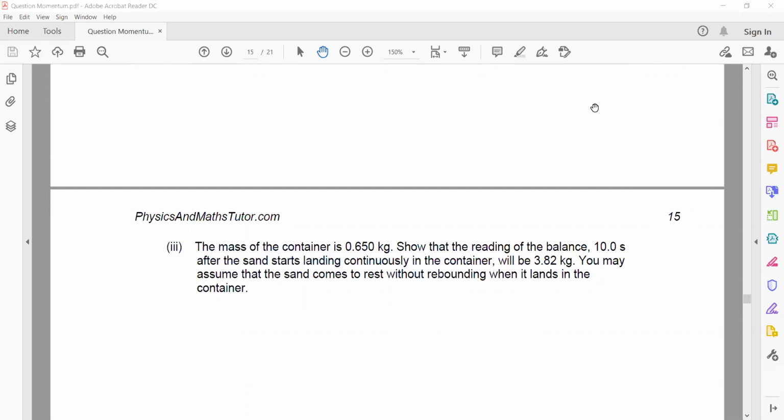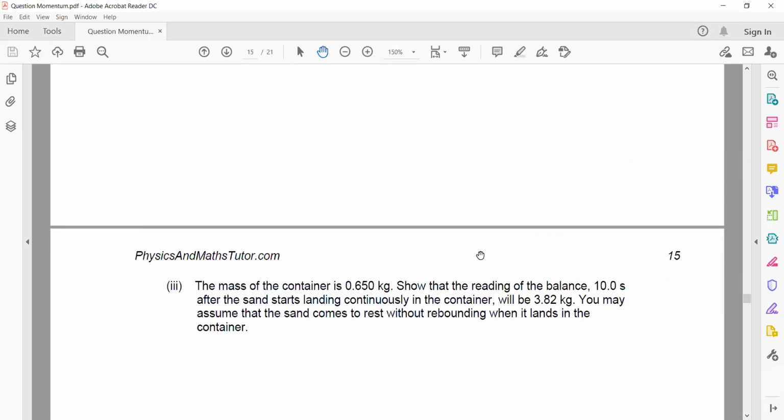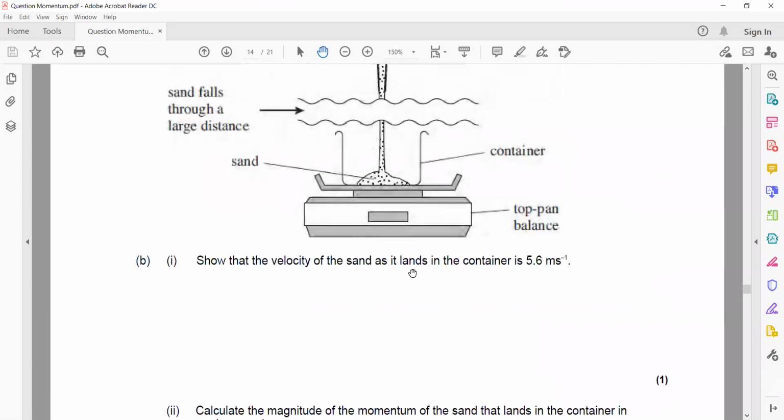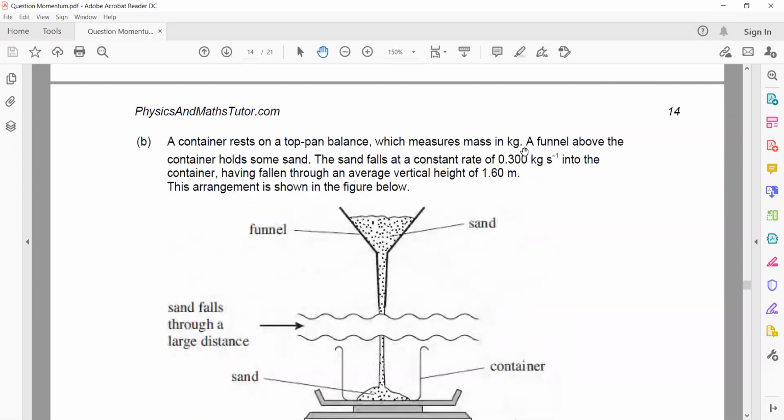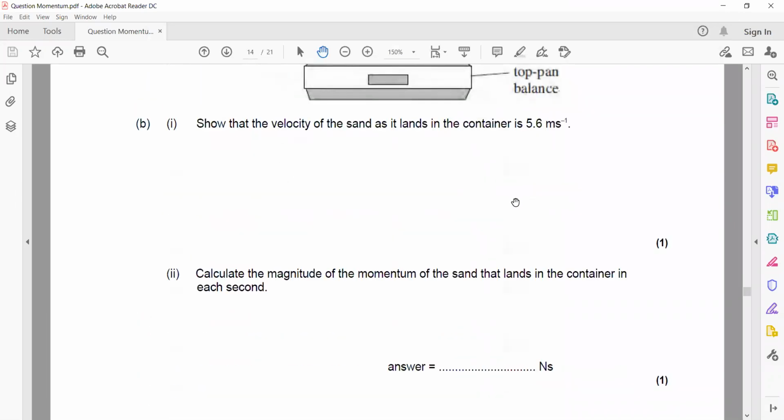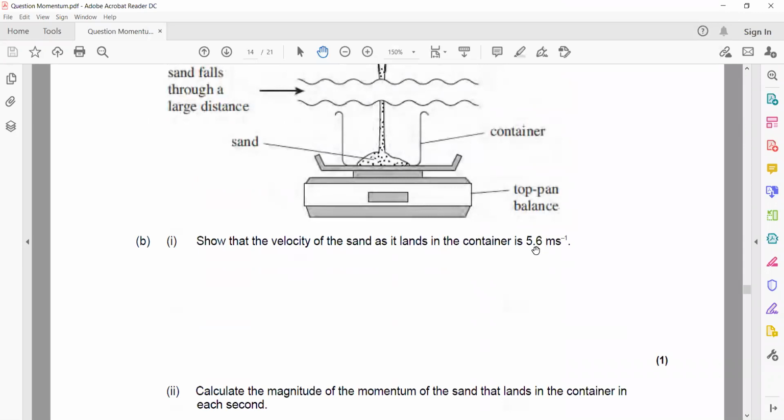Because it is moving, it hits, and as it hits, there will be a change in the momentum. Using this change in momentum, the final will be 0. Initial: how much mass is coming per second? 0.3 is there, multiplied with the speed at which it is moving. 0.3 into 5.6.